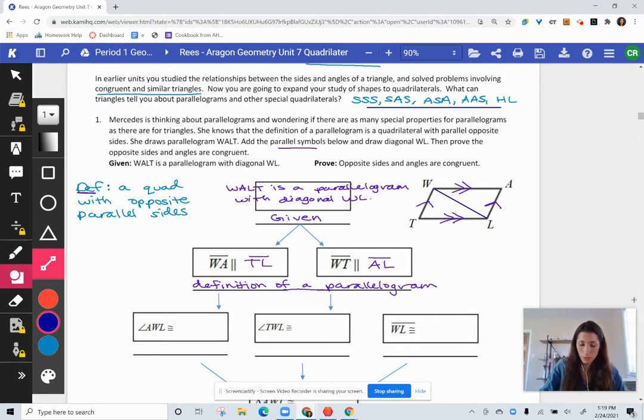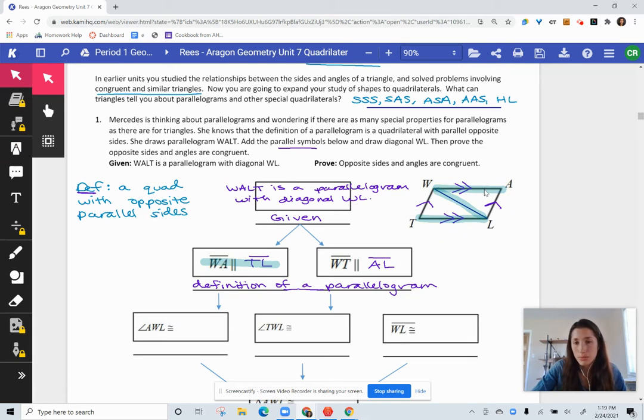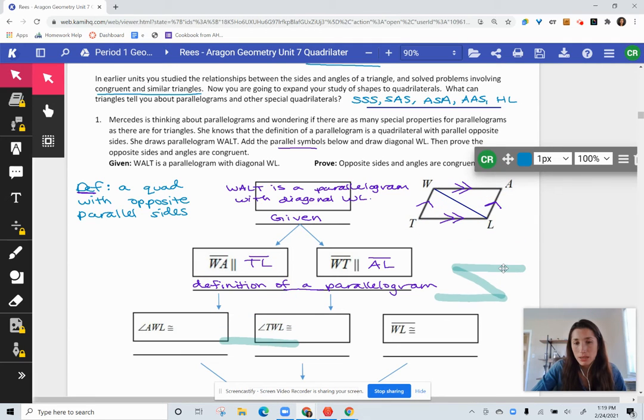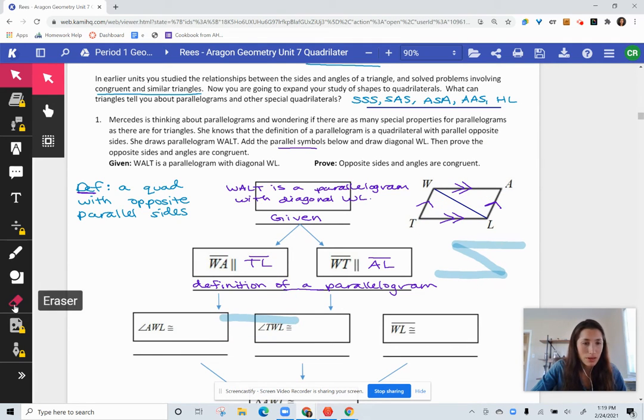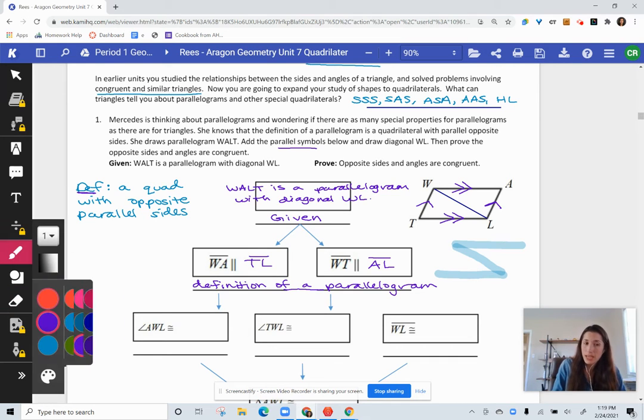Okay. So first one we'll look at, let's look at our lines, WA and TL. Well, here's WA, here's TL. We can connect them, create that Z shape. Remember that Z shape is our alternate interior angles. Those 2 lines are parallel, and what that creates are alternate interior angles that are equal, inside that Z shape.